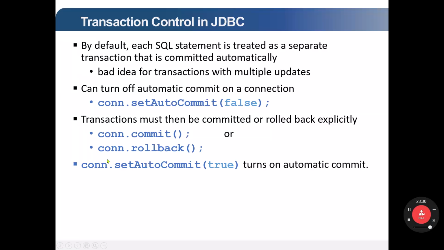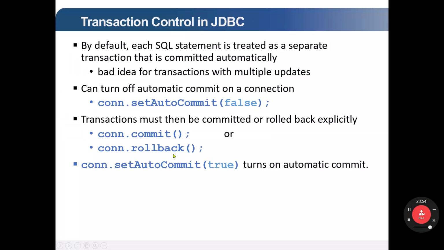Okay, and suppose out of 10 executeUpdate statements, you executed only 5 of them. And then you found that something went wrong, something is not right, then you may want to cancel those 5 statements. Then you should call this rollback method.